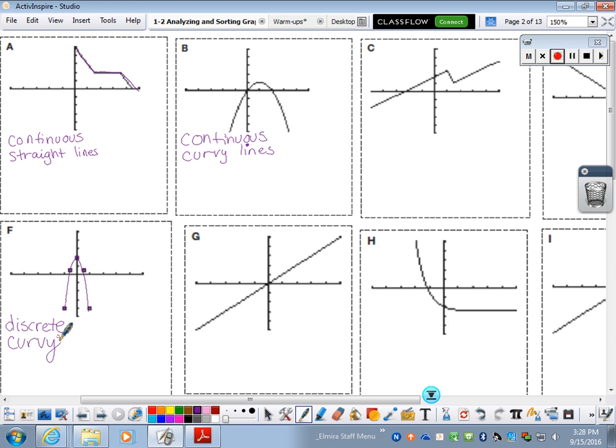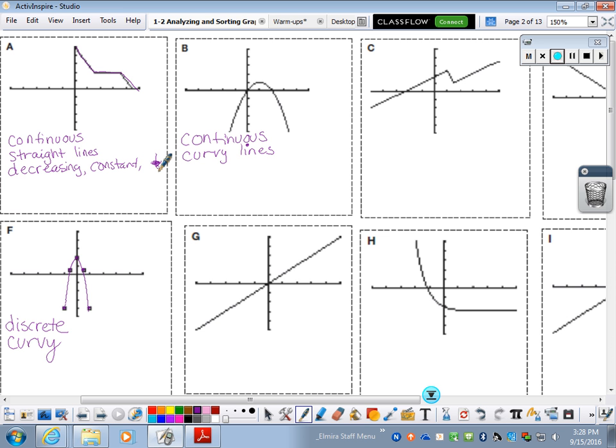And lastly, the third thing, we did some extra stuff in class, but I also want you to talk about the behavior of the graph: is it increasing, decreasing, what? For graph A, I would say it is decreasing, then it's constant, then it is decreasing some more.